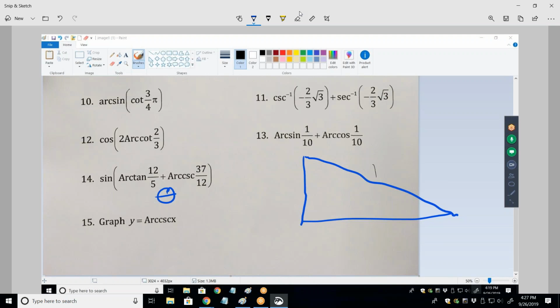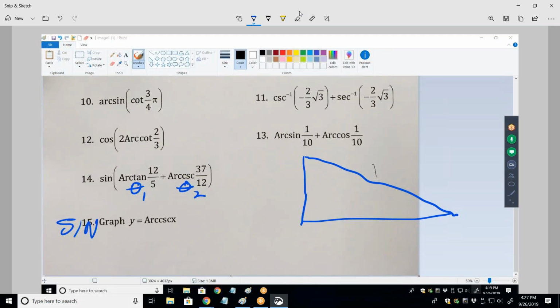Yeah, it is the sum of 2 angles. In other words, what we really have is a theta 1 plus a theta 2. All right, this might work.